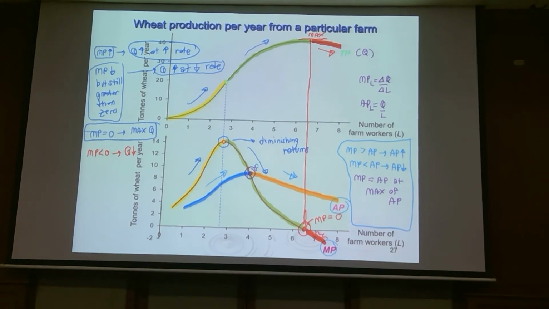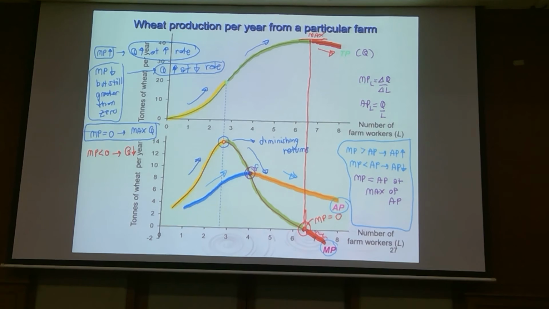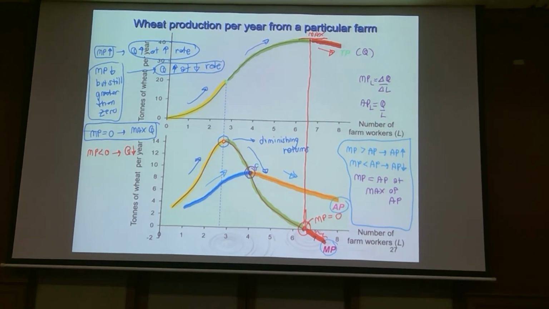I can tell you a more relatable example close to your experience. Have you heard about this? The average product, you can think of it like your GPA, your current GPA. This is your first term, so you don't have a GPA yet.